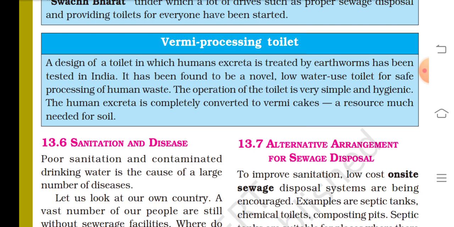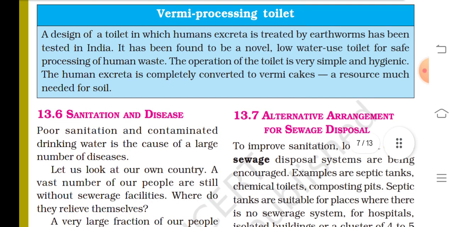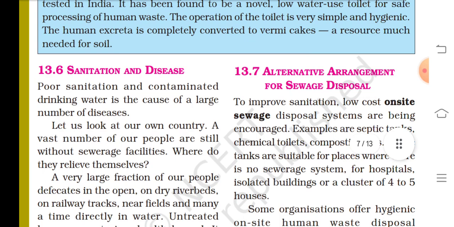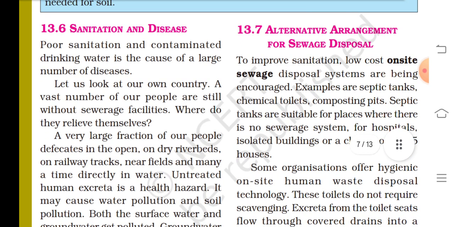It has been found to be a novel, low water use toilet for safe processing of human waste. The operation of the toilet is very simple and hygienic. The human excreta is completely converted into vermi cakes, a resource much needed for soil.